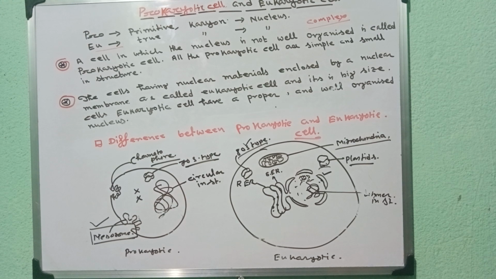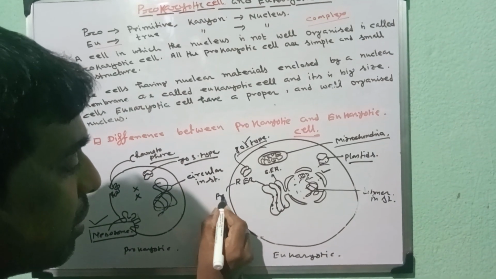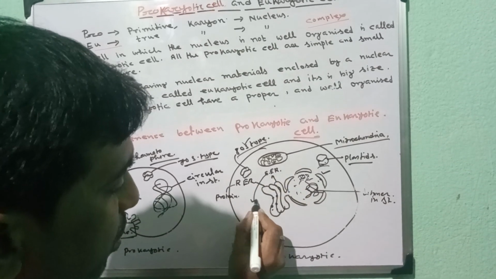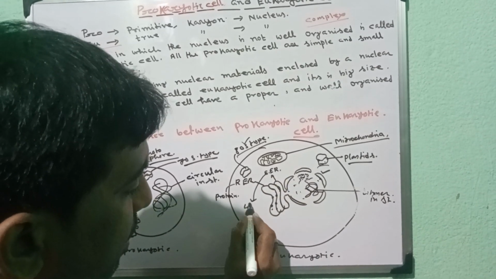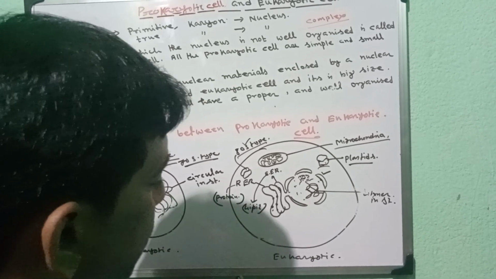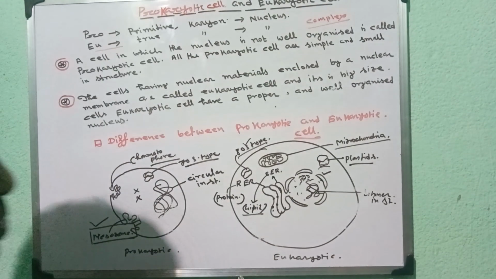In rough endoplasmic reticulum, protein is formed, but in smooth endoplasmic reticulum, lipid is formed.